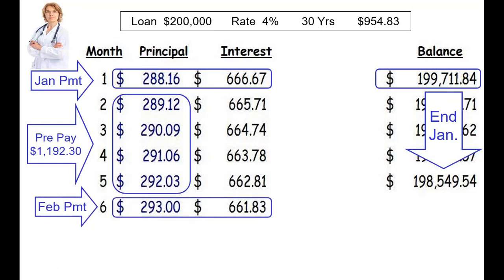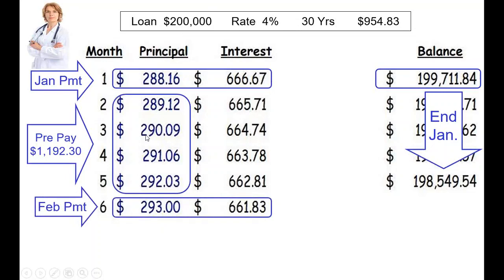Now, let's stop here and count the money the lender has received. I always kind of got a kick most months of counting the money that came into my division that month. So let's count the money. Well, the lender received our January payment. So they received this principal and this interest amount up here. Then they also received in January $1,192.30.